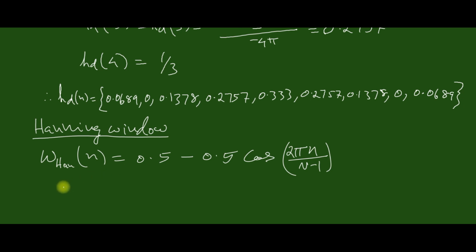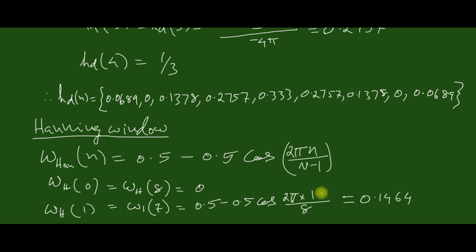Now we can determine the window sequences. First, wh of 0, which is equal to wh of 8. Here we can see when n equal to 0, this cos 0 becomes 1, and this will be 0.5 minus 0.5, it will be 0 itself.